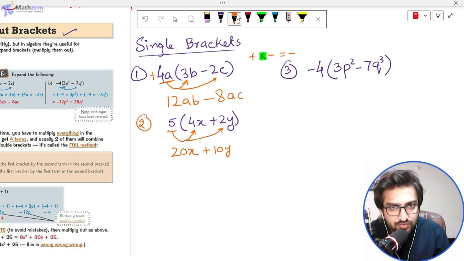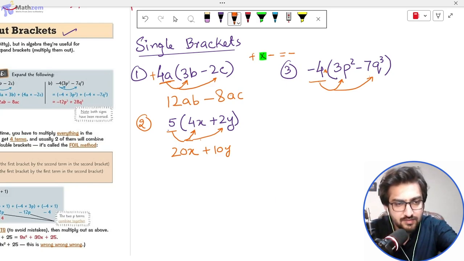So in this case, what we need to do, we need to multiply that minus 4, which is outside of the bracket, inside, so it will be multiplied with 3p square as well as 7q cube. By the way, there is nothing written, so it is a multiplication sign there. Okay, we need to multiply them. If there is plus, then you cannot do this thing which you are learning right now. There must be multiplication, so then you can multiply that number inside the bracket.